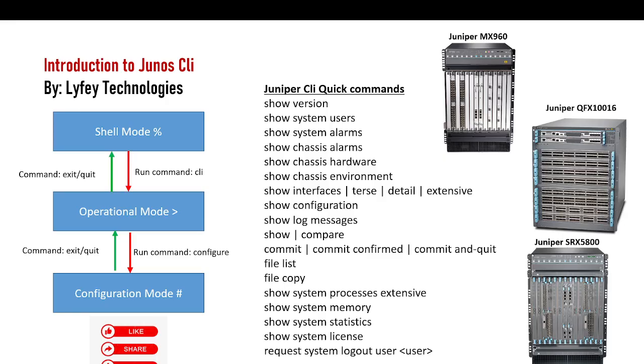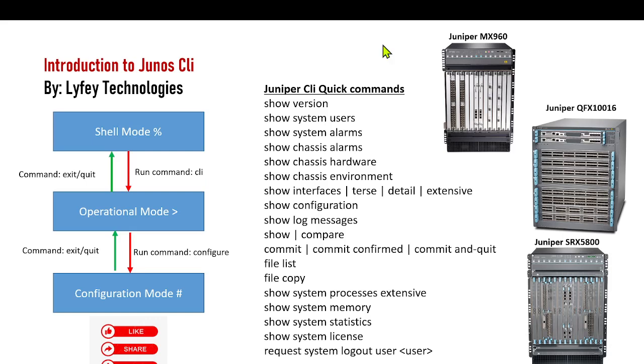So we have the SRX 5400, 5800, and many other series of firewalls. So Juniper has routers, for example MX960. We have switches, QFX, EX switches. We also have firewalls, SRX firewalls.